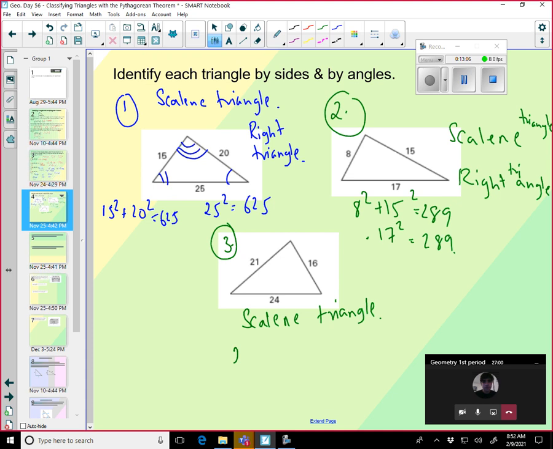At 24 squared, we will compare it with 21 squared plus 16 squared. So 24 squared is nothing but 576. And 21 squared plus 16 squared is 697.